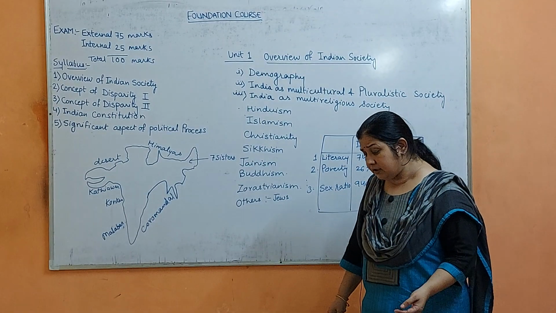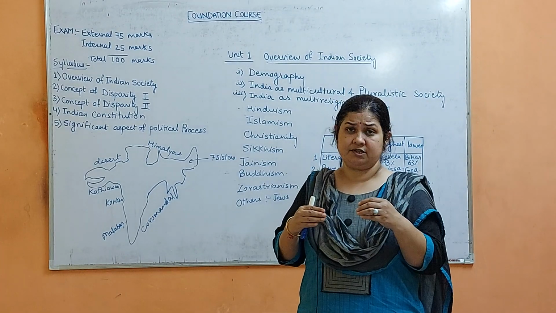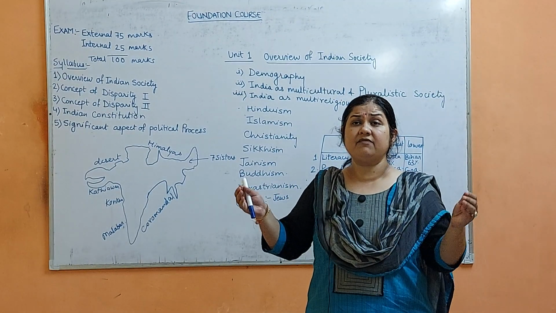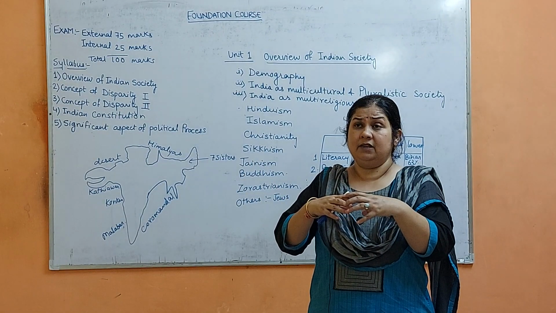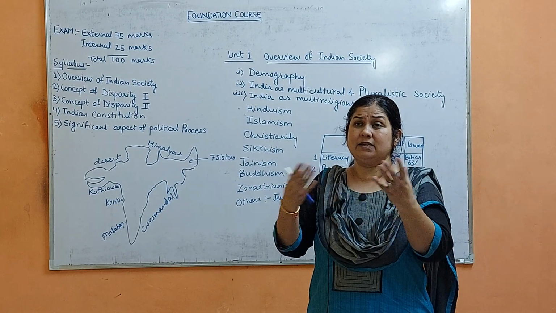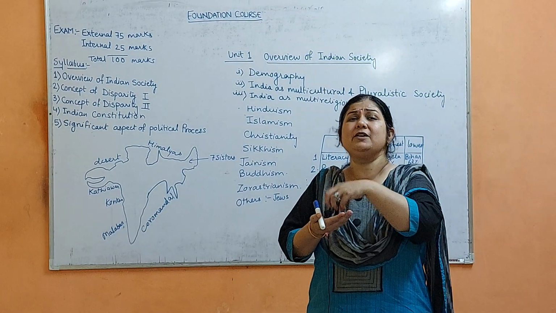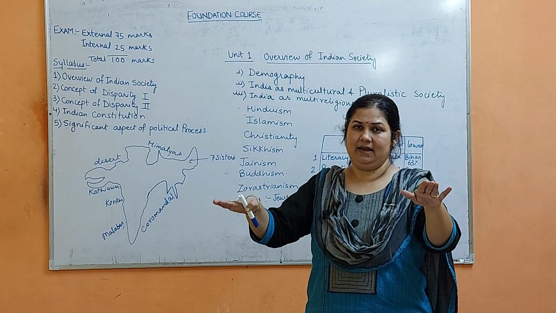So our India is not a melting pot as we can consider America, that people from varied culture have come together and they don't have actually their own culture to show. They have come together to form a uniform culture, and all the people behave in the same manner.